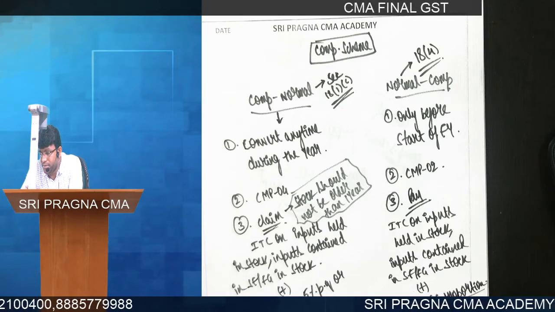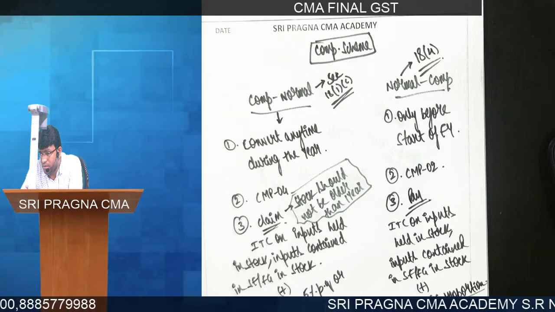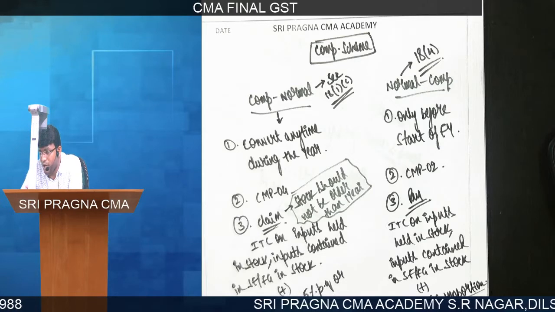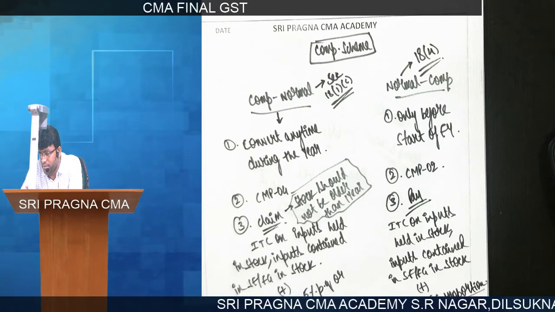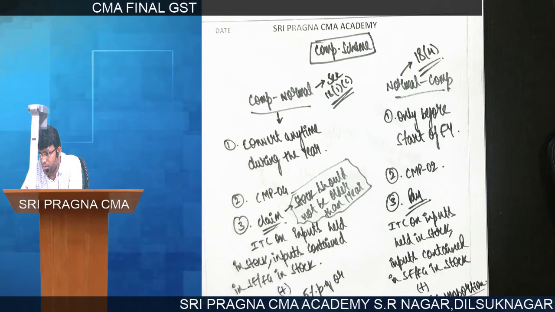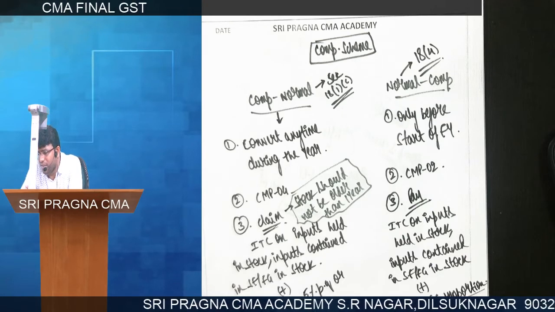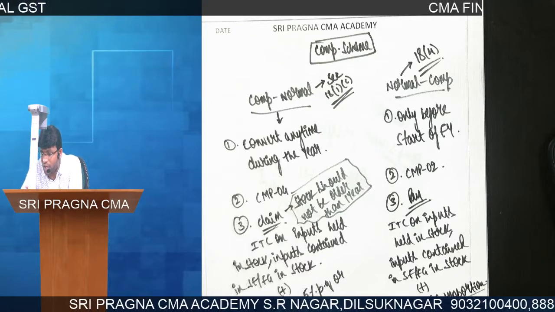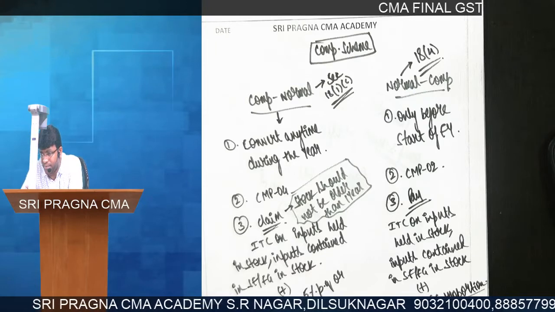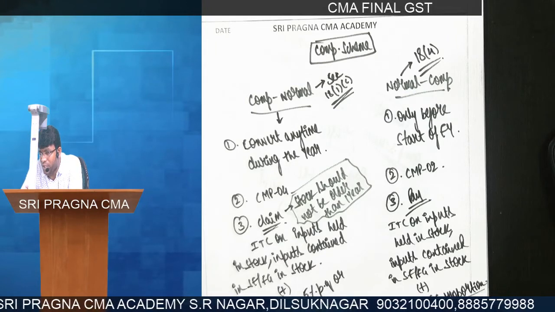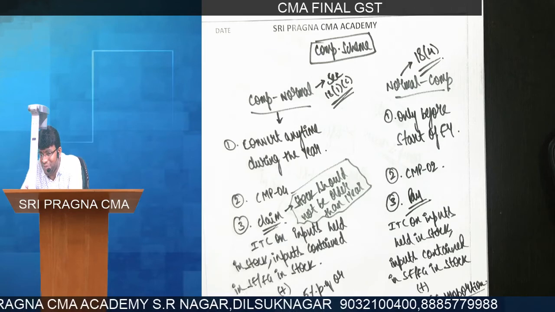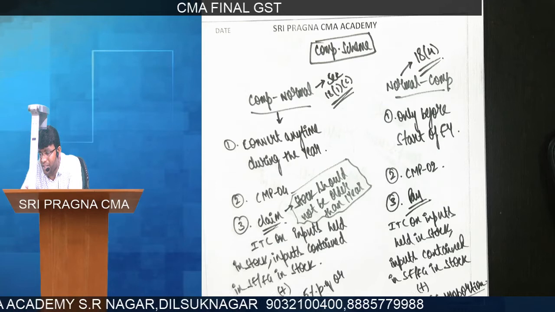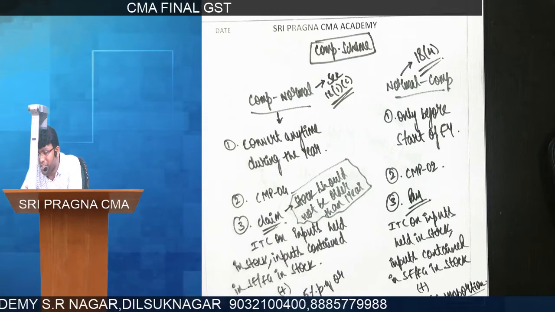Third, machine purchased on 1/5/21 for 7 lakhs plus GST at 18%.